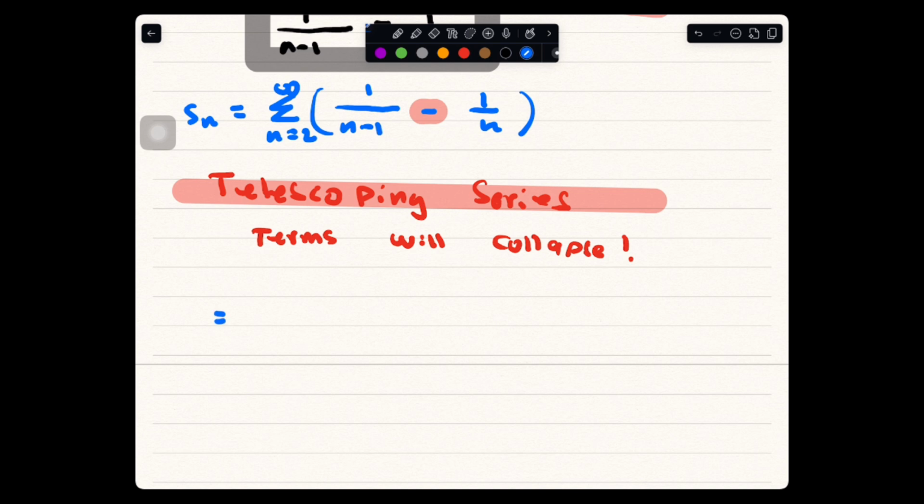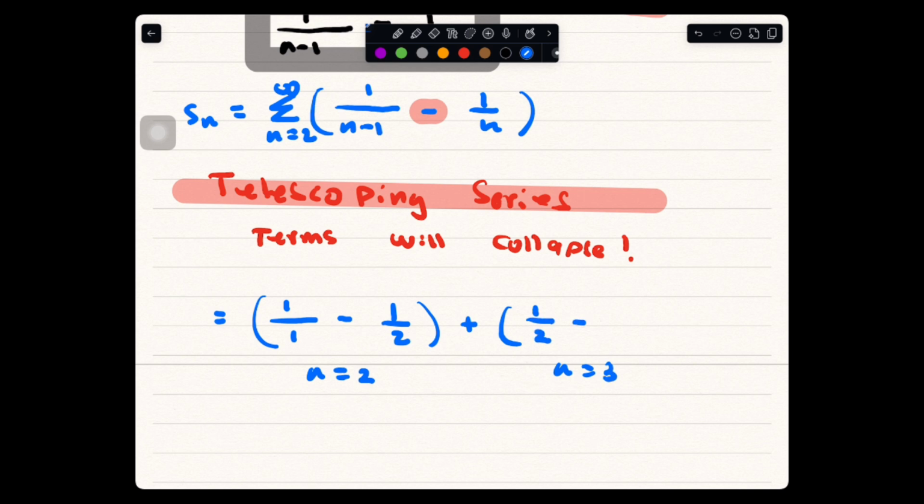So if we start with n is 2, we'll get 1 over 1 minus 1/2. This is when n equals 2. Okay? Now the next term happens when n is 3. Now when n is 3, we get 1/2 minus 1/3.